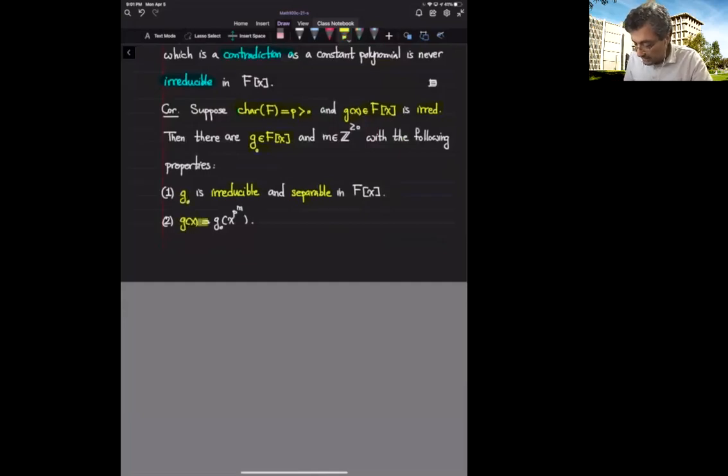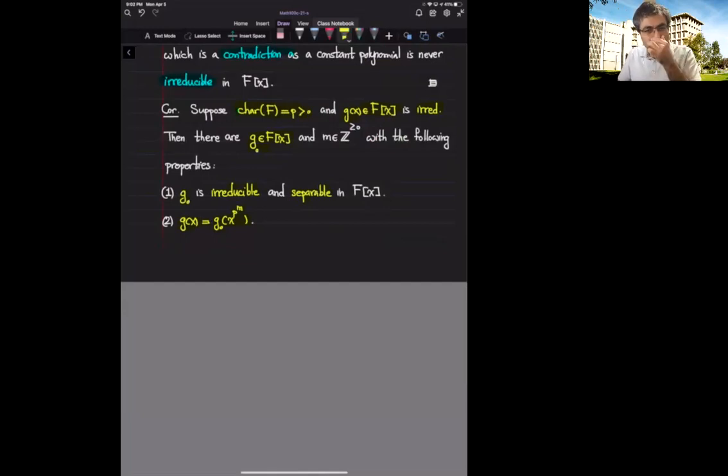g of x is nothing but g naught of x to the power p to the m for some non-negative integer m. So if m is 0, g is g naught, and g is separable. But when g is not separable, then it's going to have a separable source.